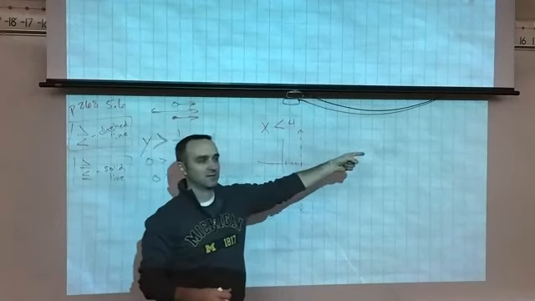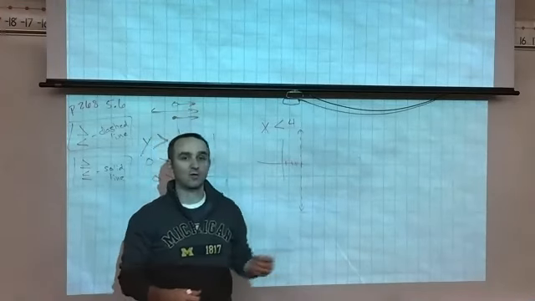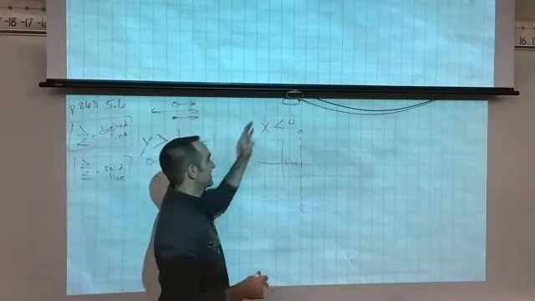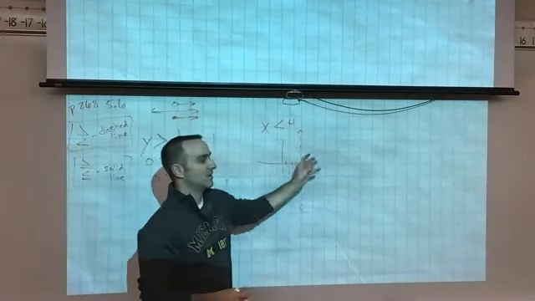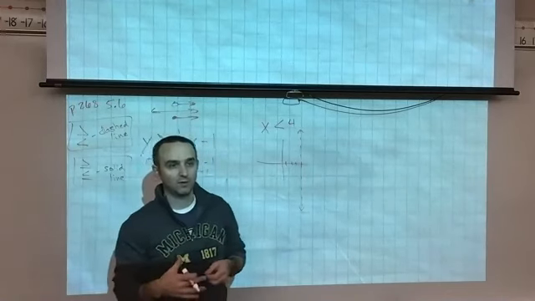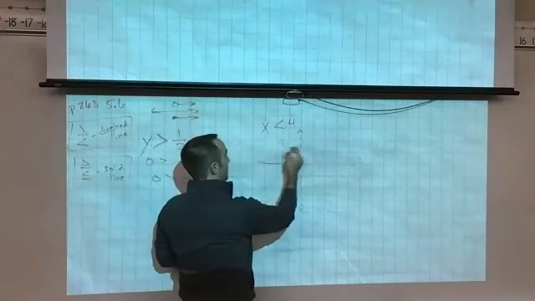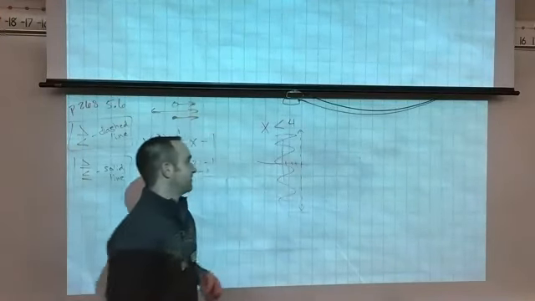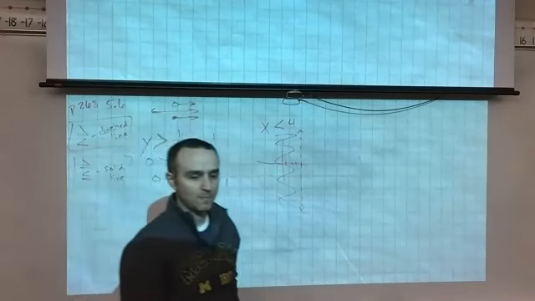If it's greater than, it's to the right. This is the only situation where you're not thinking above or below the line, is when it's x and a number. So if it's x and a number, less than means left, greater than means right. All other times you have to think of above and below. You can't think of left and right. Very important. So for here, I would shade to the left because x is less than that number.